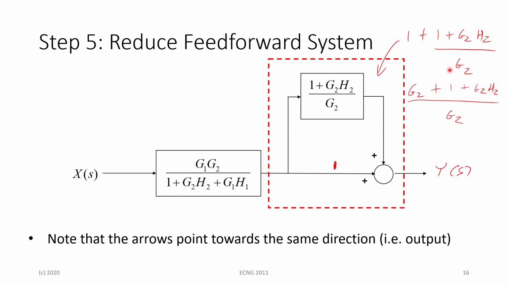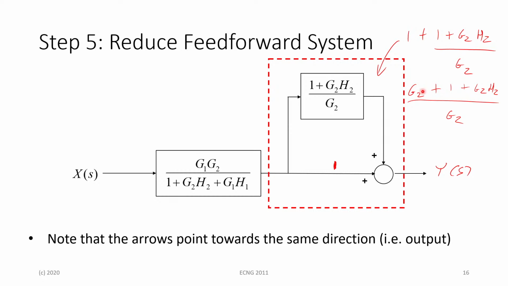And then we just want to make G2 a common denominator throughout the entire thing. So that means that for this 1 here, to get back this value, we need to make it G2 over G2, because if we cancel G2 and G2, we'll get back this 1.